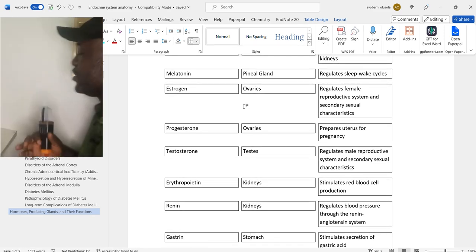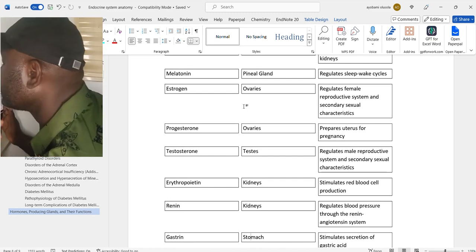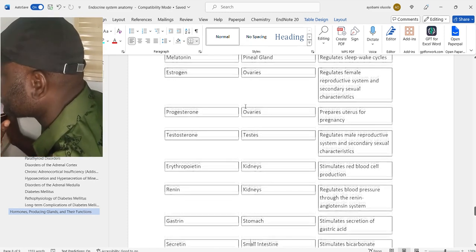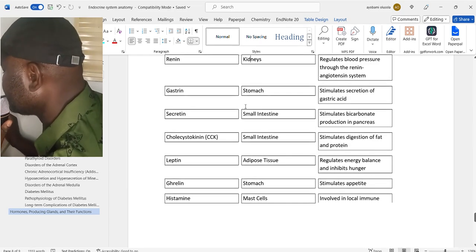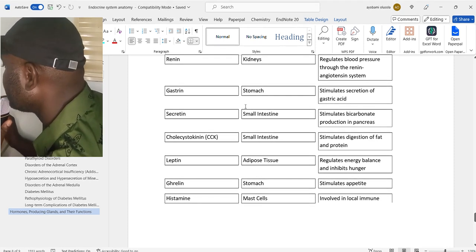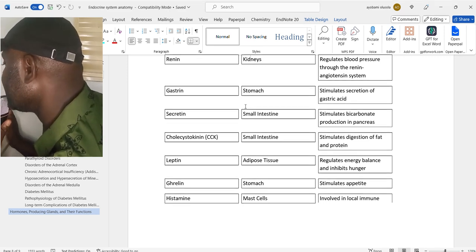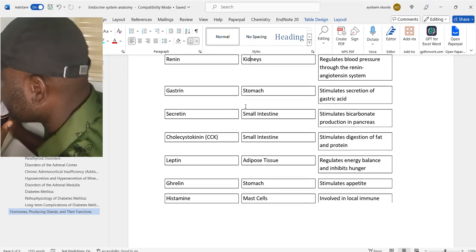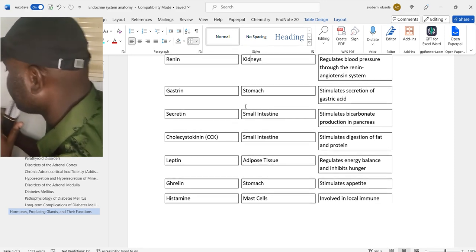Gastrin is produced by the stomach, and it stimulates the secretion of gastric acid. Secretin is produced by the small intestine, and it stimulates bicarbonate production in the pancreas. Cholecystokinin is produced by the small intestine, and it stimulates digestion of fat and protein.